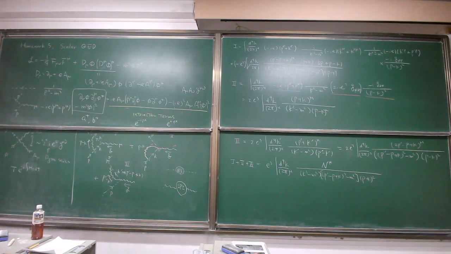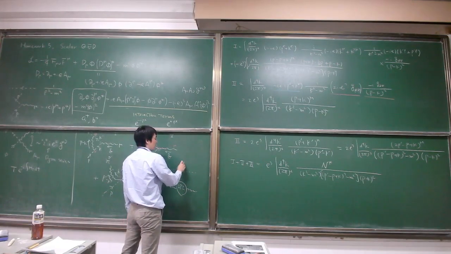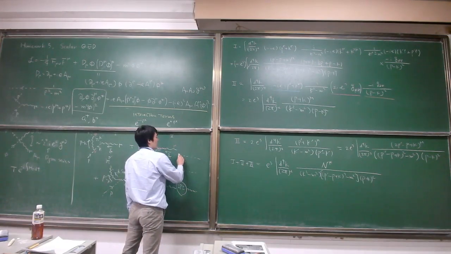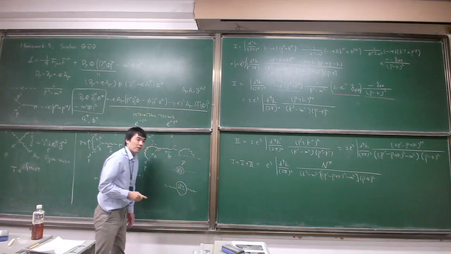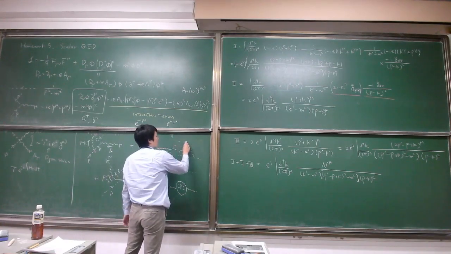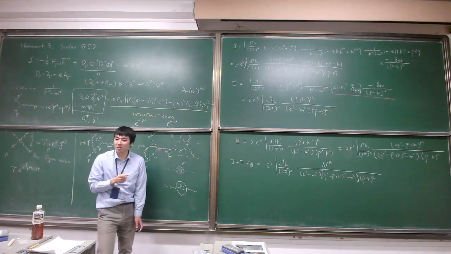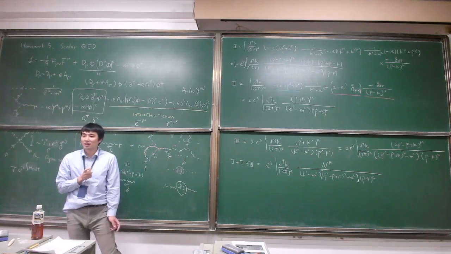For instance, okay, I will give you some hint. The naive diagram is the one from last time. But of course, if you use this diagram, one can hook up this diagram, right? So you have 2 diagrams that contribute to scalar QED. Do you understand what I meant?